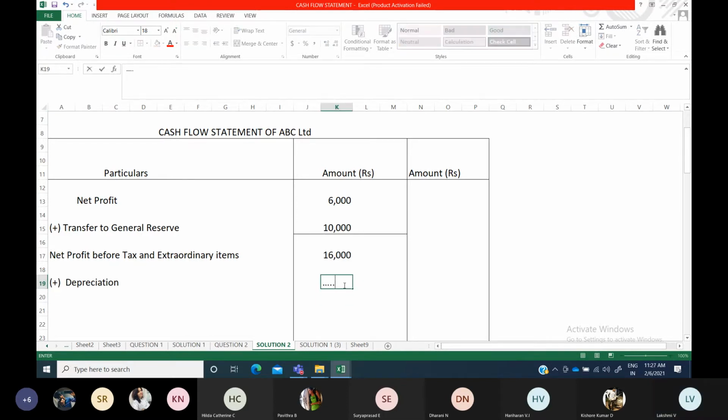Depreciation, all those things, goodwill written off, you can show.